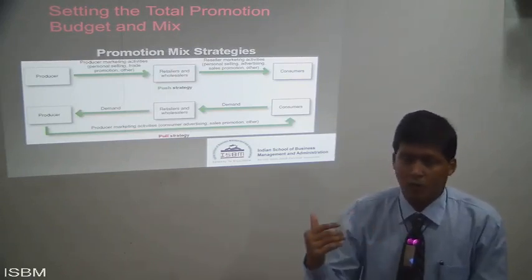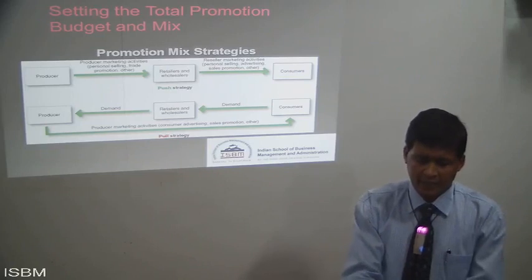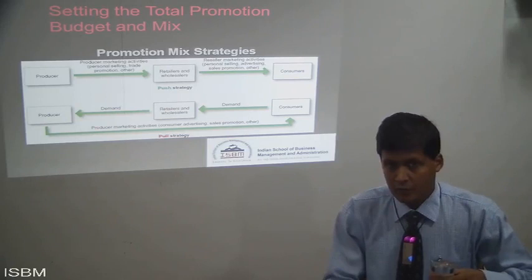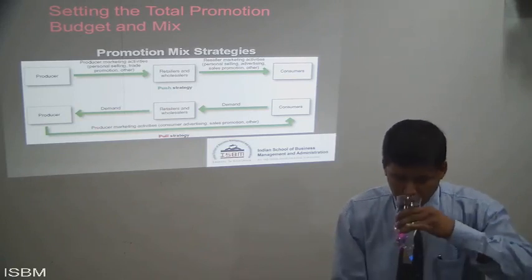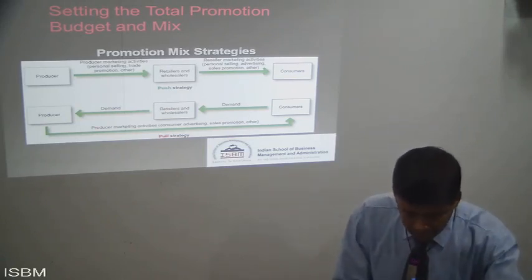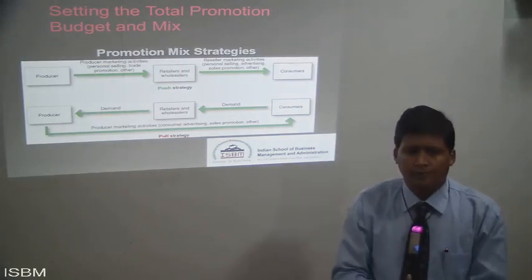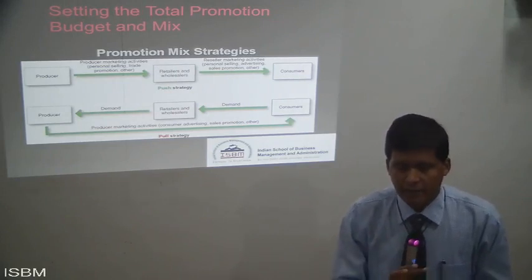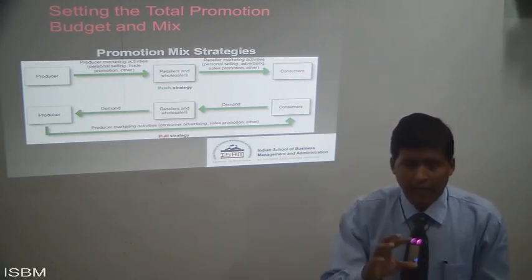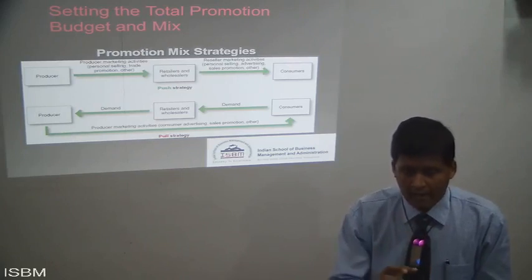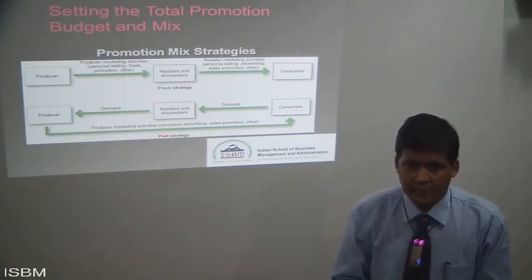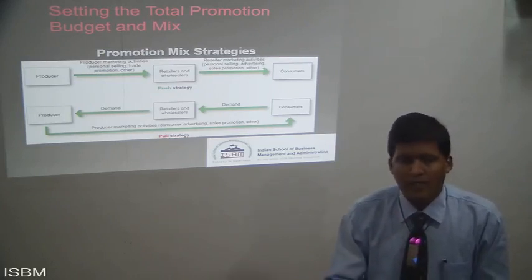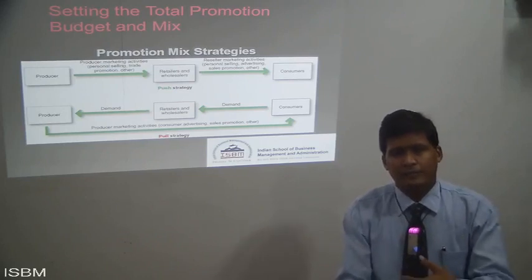If you see the top half of the slide, we have the producer on the left-hand side and the consumer on the right-hand side. The top half is a push strategy wherein the producer produces the product and has marketing activities, could be personal selling, trade promotion, or others via the channel partners.